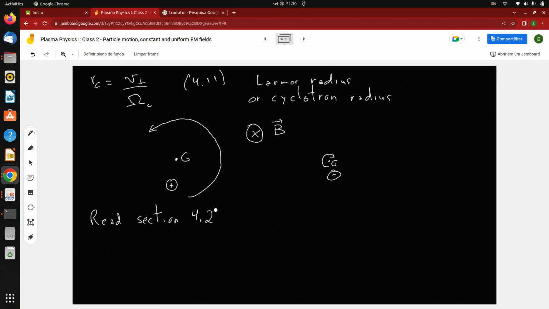It's an example of a solution where you have all the information you need to understand the helical motion. It's basically the same thing I have shown, but with Cartesian coordinates. In section 4.3, magnetic moment is discussed.